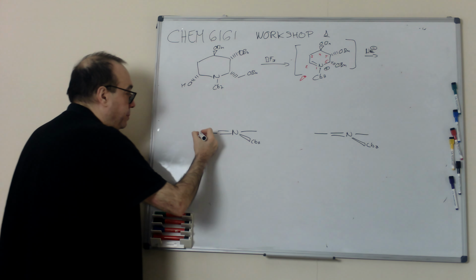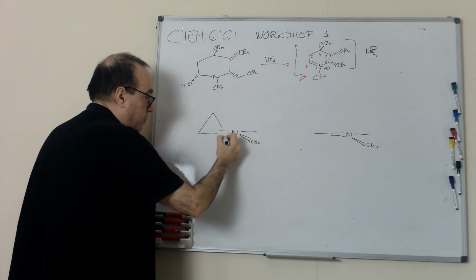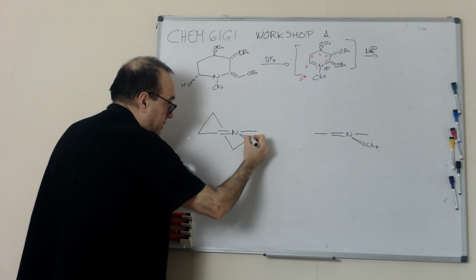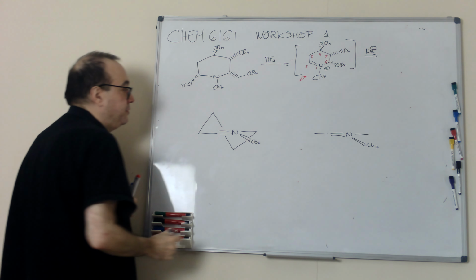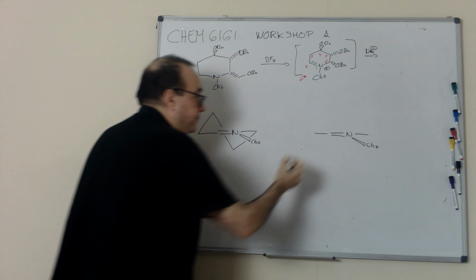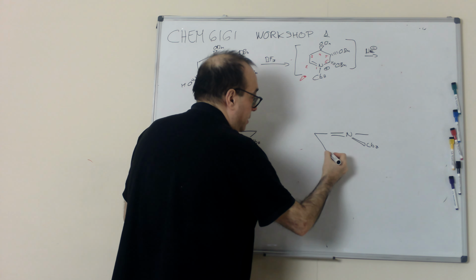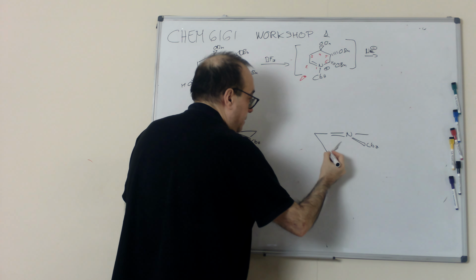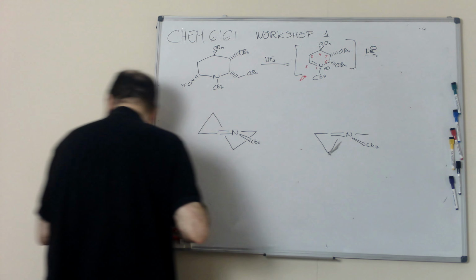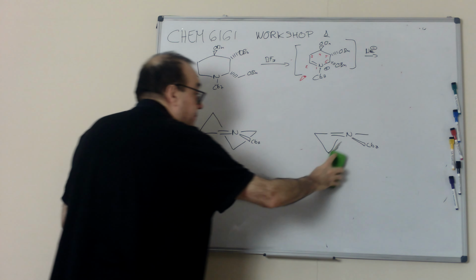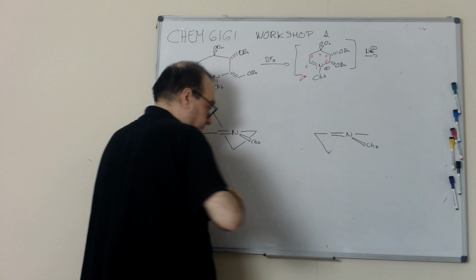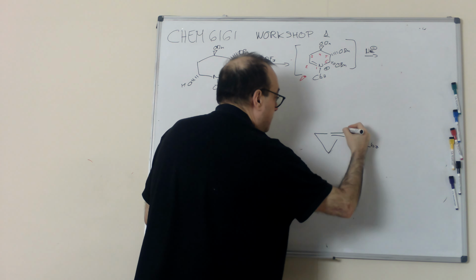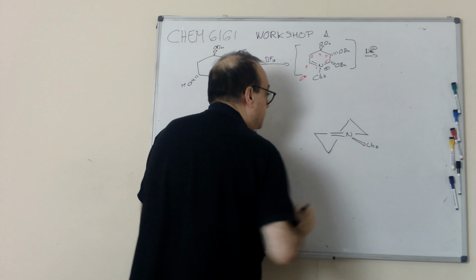We can choose going up to draw the half chair or going down. This will give us the two possible half chairs.